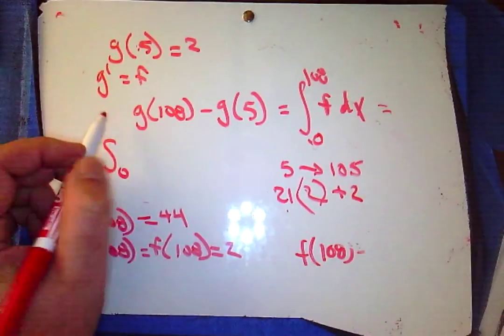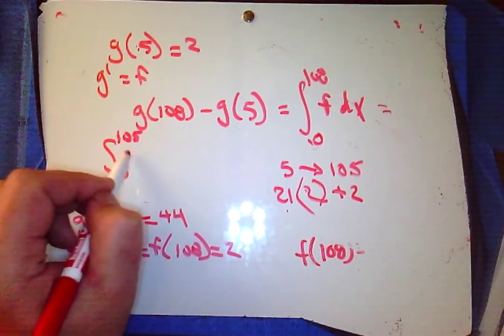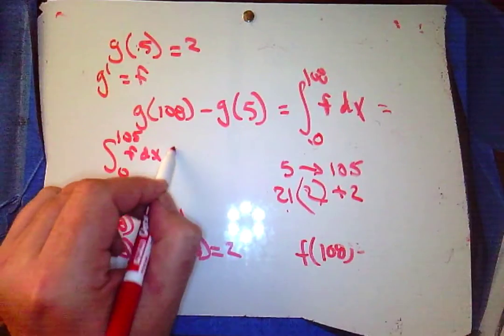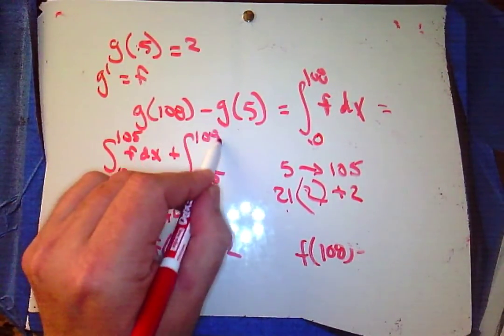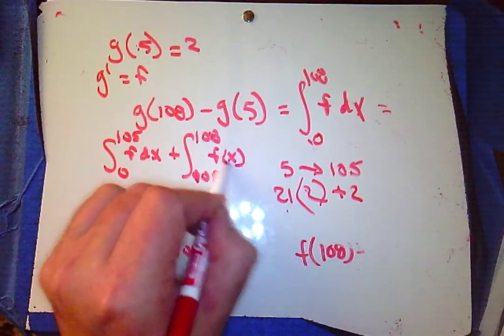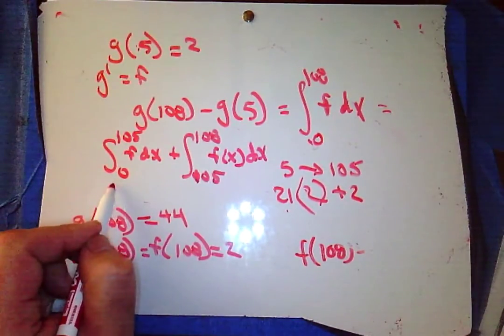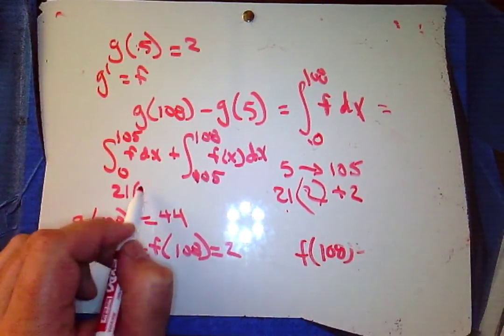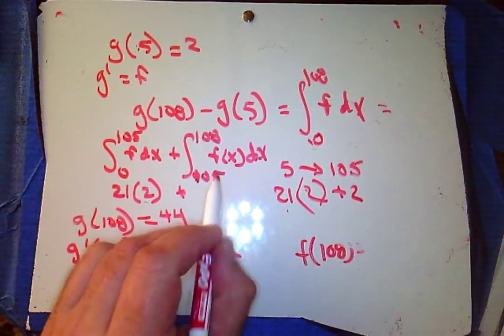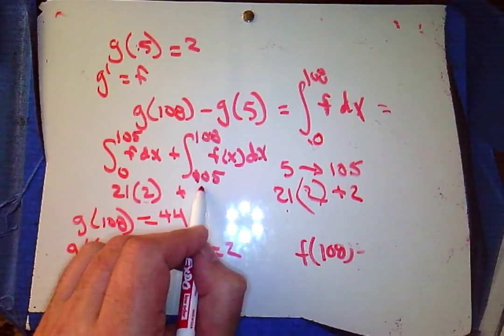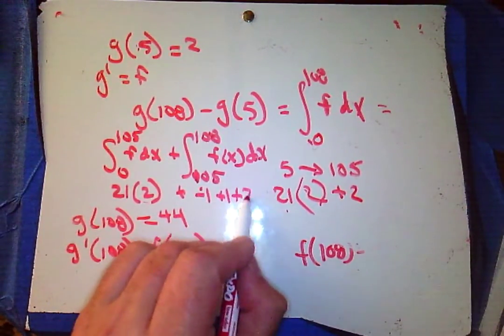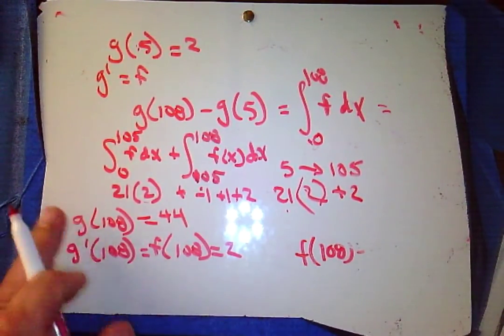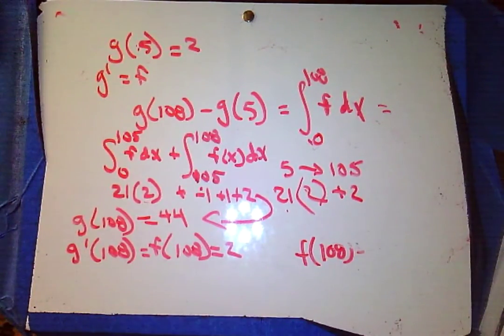This was 21 times 2 plus negative 1 plus 1 plus 2, and so we ended up with a total of 44.